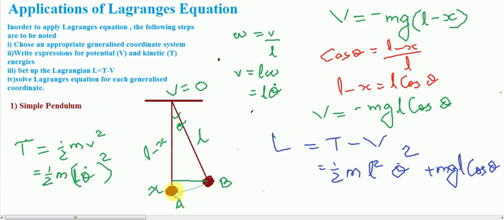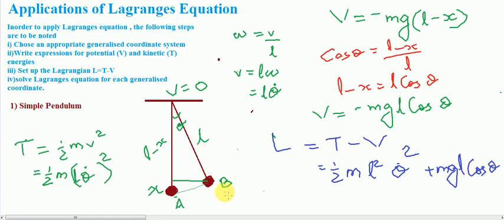So here we considered a pendulum of length L as shown in the figure, and we know that the state of the system can be completely determined by describing the angle, because L is a constraint, so it is fixed. So here we can select angle theta as the generalized coordinate.